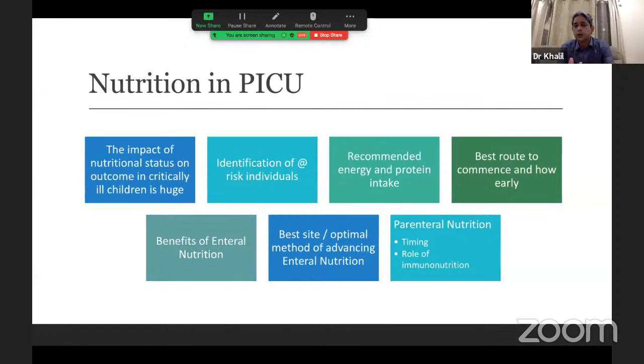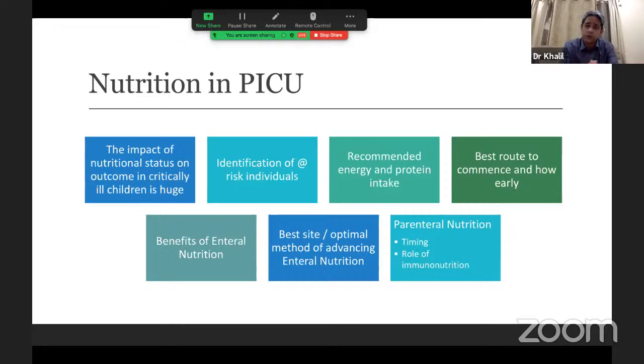And how early to commence? You can commence as early as within 24 to 48 hours. Your target should be to achieve one fourth of the requirement in the first 48 hours, and almost two-thirds of the requirement by the end of the first week. Studies have even seen that children who are on inotropes, not on stiff doses, but on mild to moderate doses of inotropes, can be given feeds.